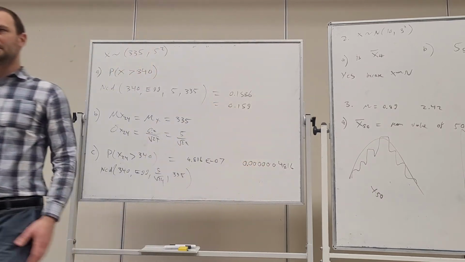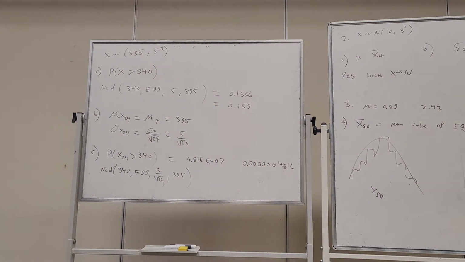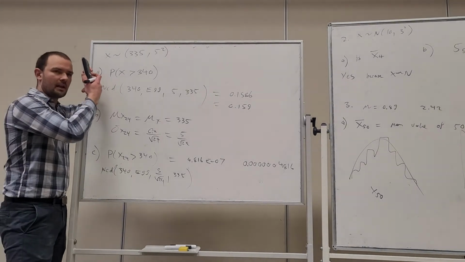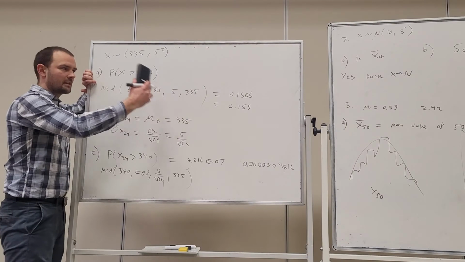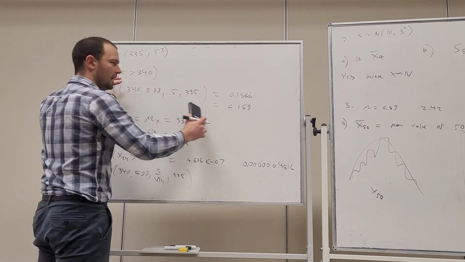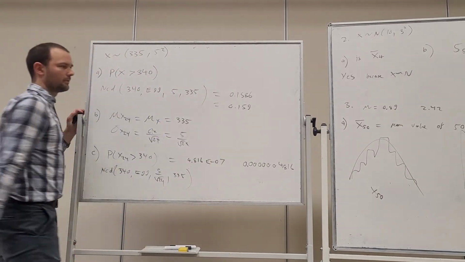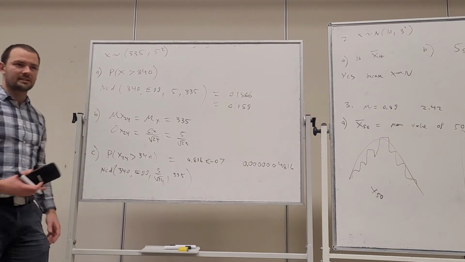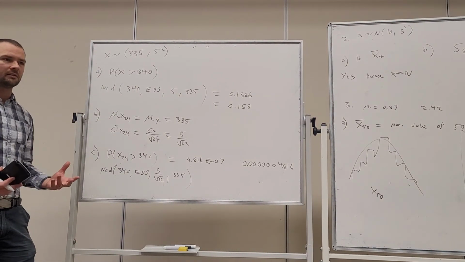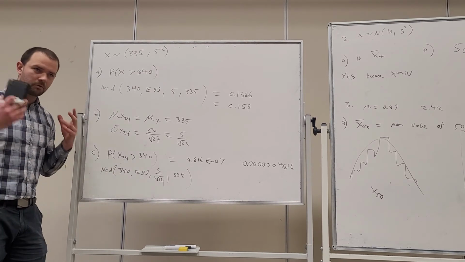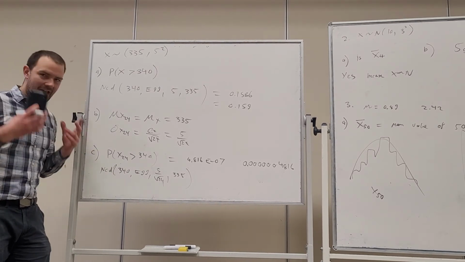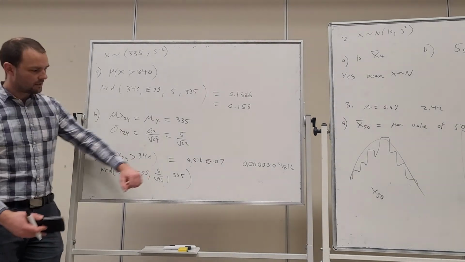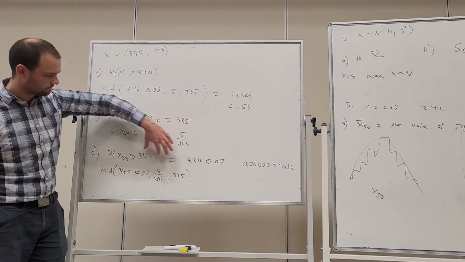So what is the difference between them? The question we're asking here is you're grabbing any single beer at random and saying what's the probability of it being larger than 340 mils. The calculation we're performing here is we're taking a box of beer, a whole carton, and we're saying what is the probability that the average volume of beer in this box is larger than 340.